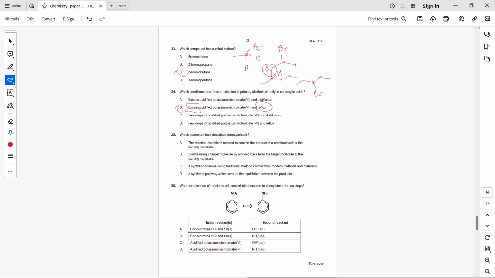For the next, retrosynthesis is synthesizing a target molecule by working back. So for example, if we have some large molecule, we will break it apart and try to get some smaller, simpler molecules, and then we will try to do an actual synthesis, just reversing those steps.